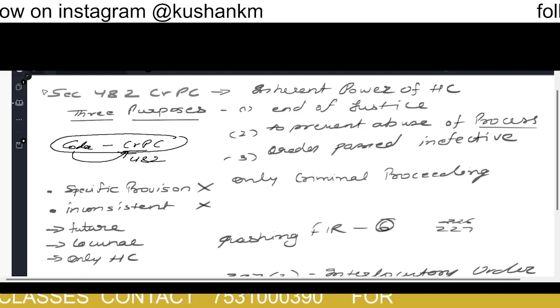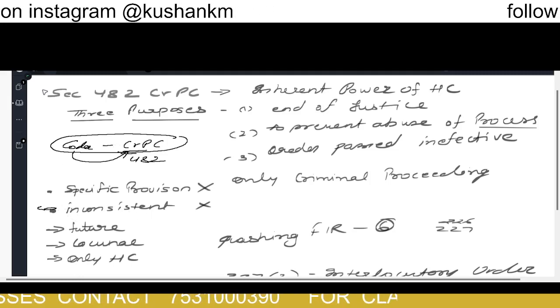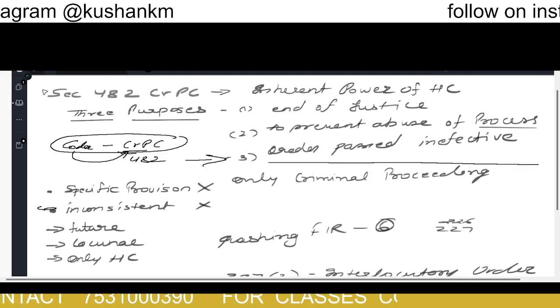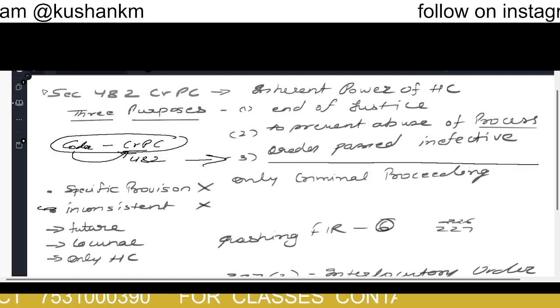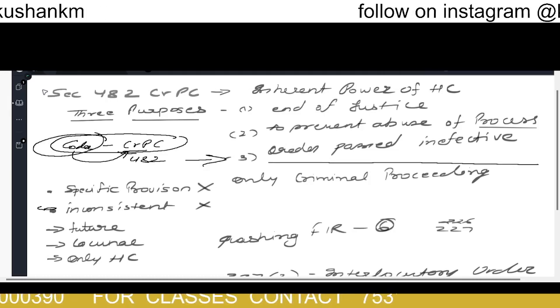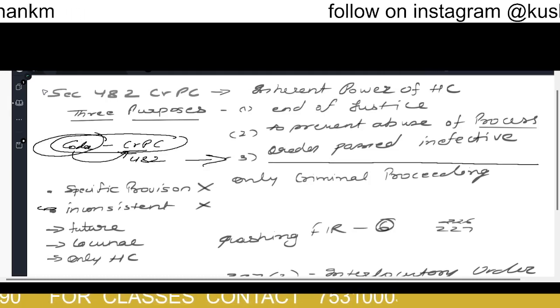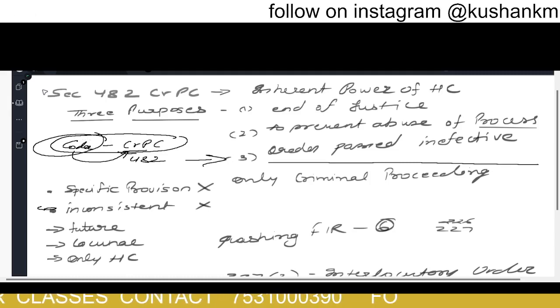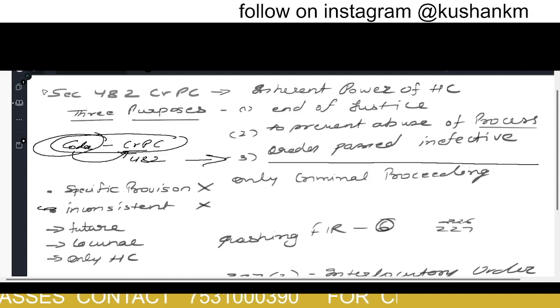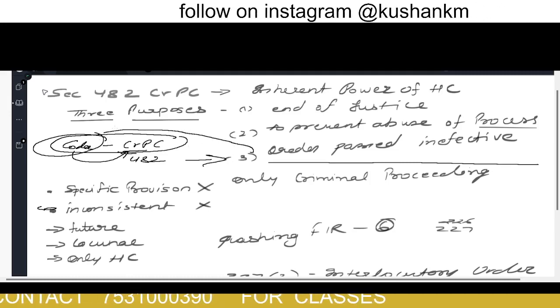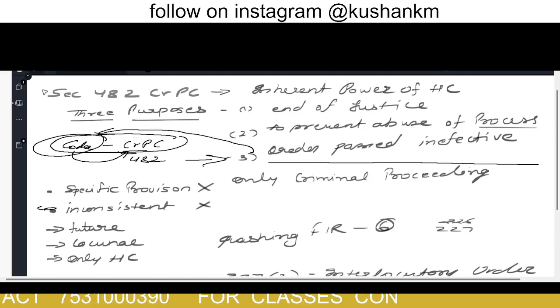That means, as I have written here on point number 3 on your screen, making an order passed effective. If any order has been passed under CrPC, and to implement that order there is some interference needed of High Court, then High Court can make that order through which the order already made under CrPC will become effective.